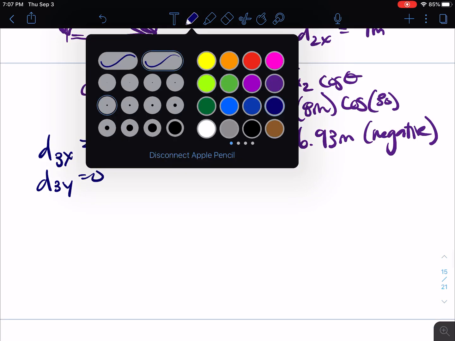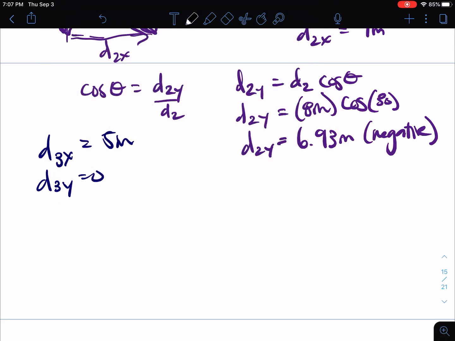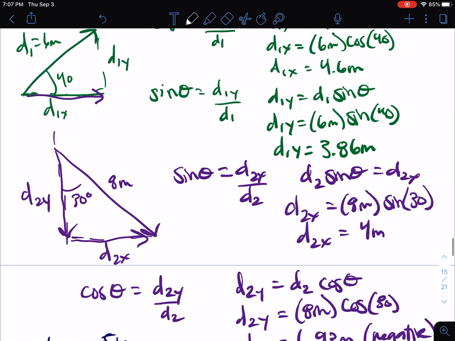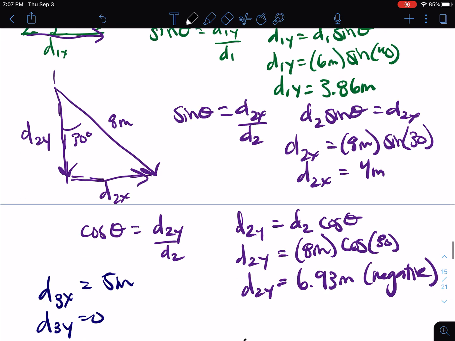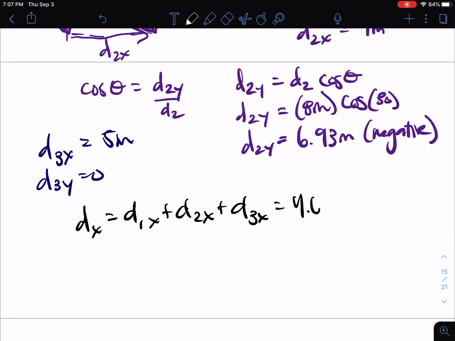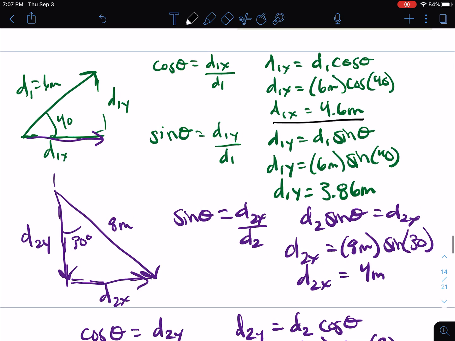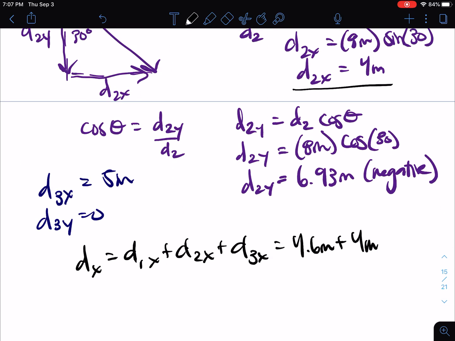So now what we want to do is get our resultant vector. Our resultant dx will be d1x plus d2x plus d3x, which is d1x, 4.6 meters, plus our d2x, which was 4 meters, plus our d3x, which is 5 meters. So we end up getting dx is equal to 13.6 meters.